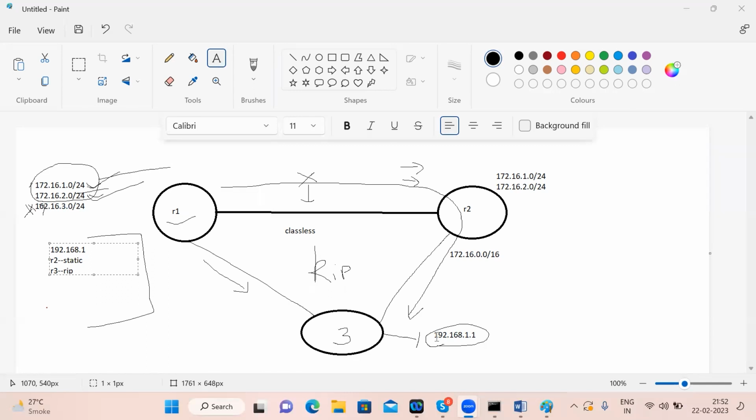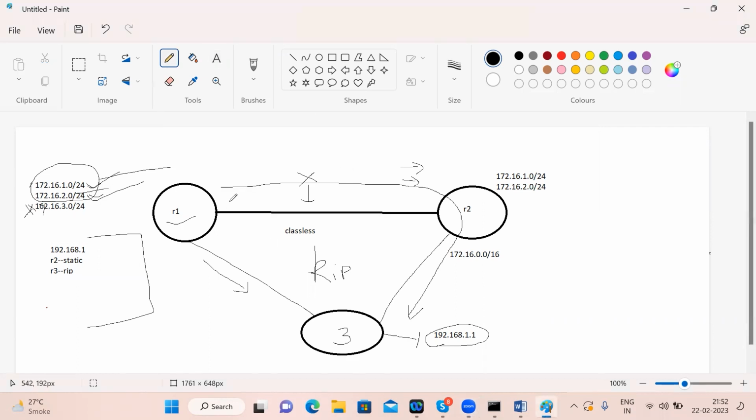If you go via router 2, you have to cross something like 2 kilometers. From here to here it is 1 kilometer, and from router 2 to router 3 you have 1 more kilometer. That means you have to go 2 kilometers to reach router 3. When you have a shortest distance of 1 kilometer, why are you preferring the longest one? Why do you need it?